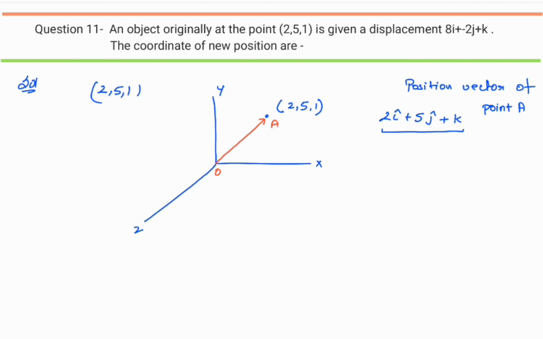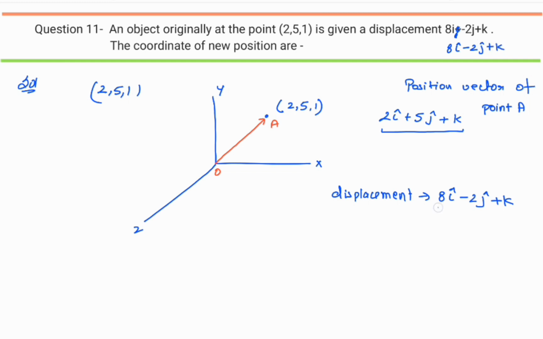The question is asking, we have given some displacement. What is the displacement? The displacement we have given is 8i cap minus 2j cap plus k cap. Here one plus sign is given wrong. This is the given vector, 8i minus 2j plus k.